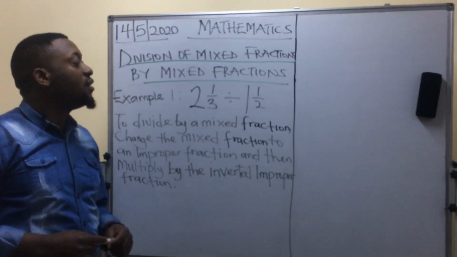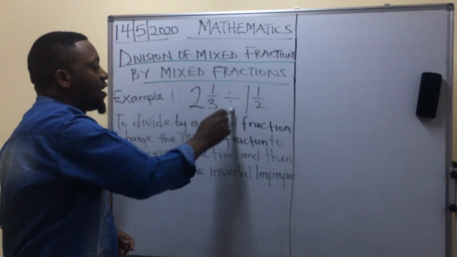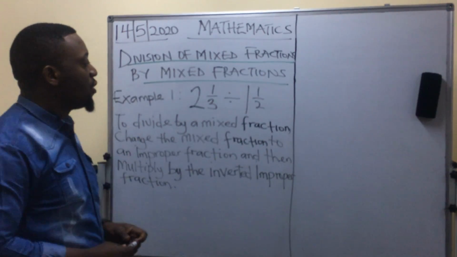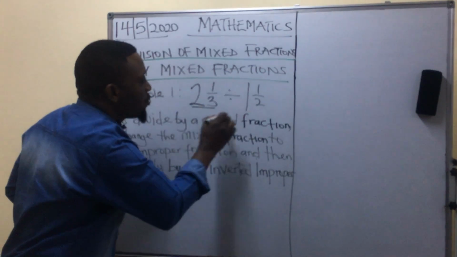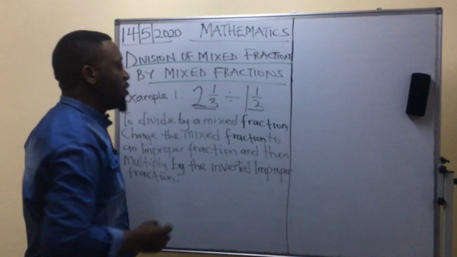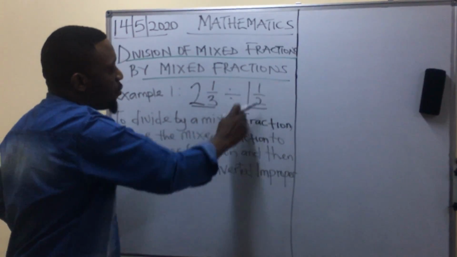Example 1. 2 whole number 1/3 divided by 1 whole number 1/2. This is a mixed fraction. This is also another mixed fraction.